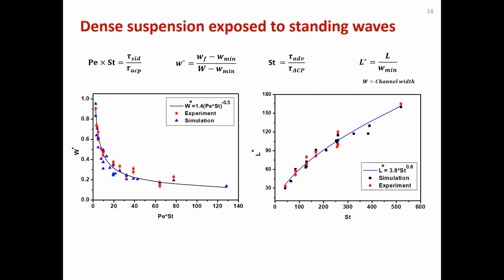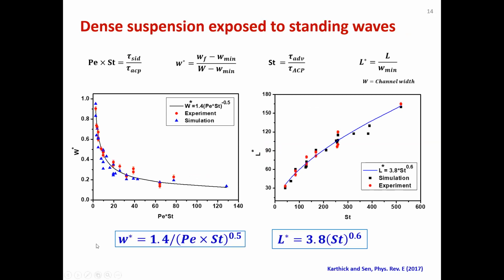So with a lot of experiment and simulation, we could actually characterize and see that the width of the focused stream is related to the Peclet number and Strouhal number, and the length that is required to achieve this focused stream is related to the Strouhal number.